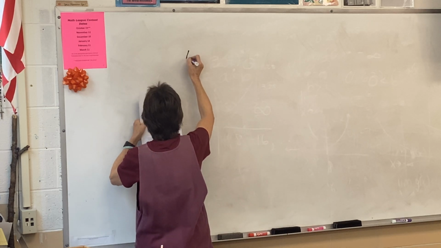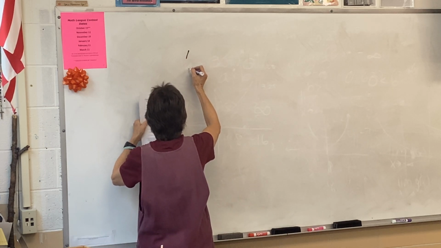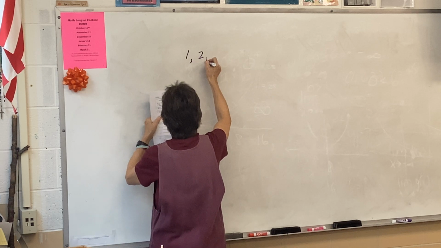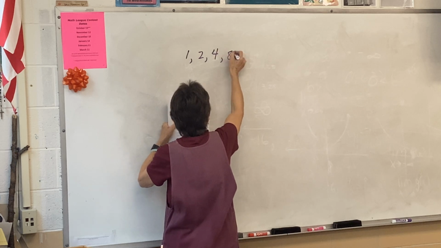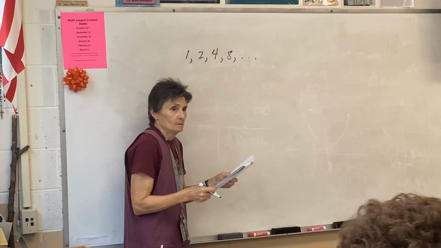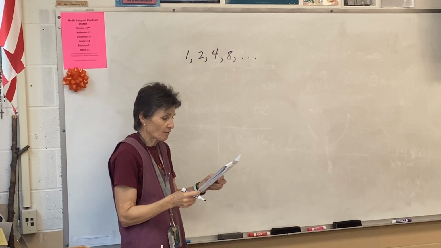Sounds like our checker problem there, number 1, right? So the first job and the second job, third job, and so on. Does that look good to everybody? So how much money would I make on the third job?